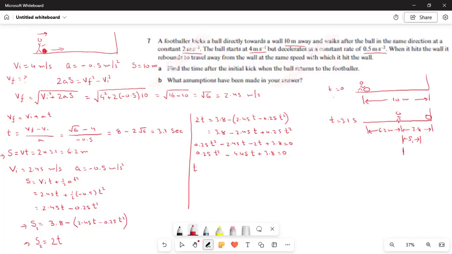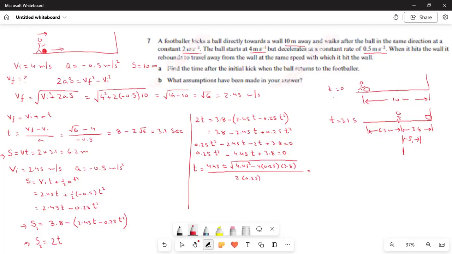So t is equal to minus b, which is 4.45, plus minus the square root of b square, 4.45 square, minus 4a, which is 0.25, into c, which is 3.8, divided by 2a, so 2 into 0.25.